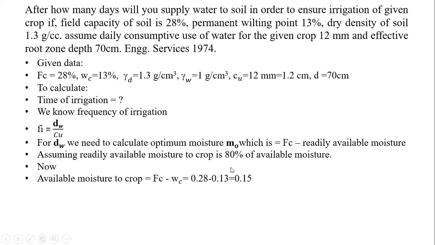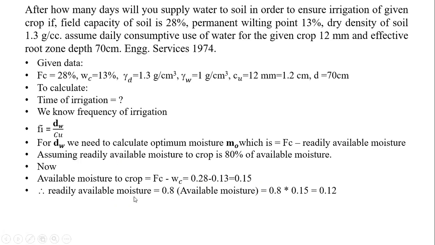Now out of that, readily available will be 80%. So the readily available moisture is 0.8 into 0.15, which equals 0.12, meaning 12% is the readily available moisture. Now from that we will get the optimum moisture which can be extracted by the root zones of the crop so easily.